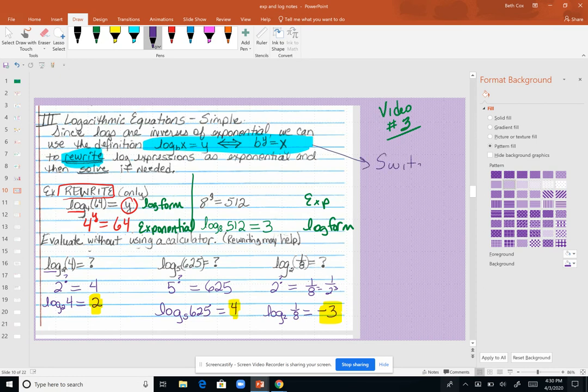And being able to switch back and forth is going to help with your memory, with your understanding. So switch back and forth between exponential form and log form. And that's what I did, and I was able to get these answers down here by doing that. Okay? All right. No calculators yet. We'll teach you about that later.